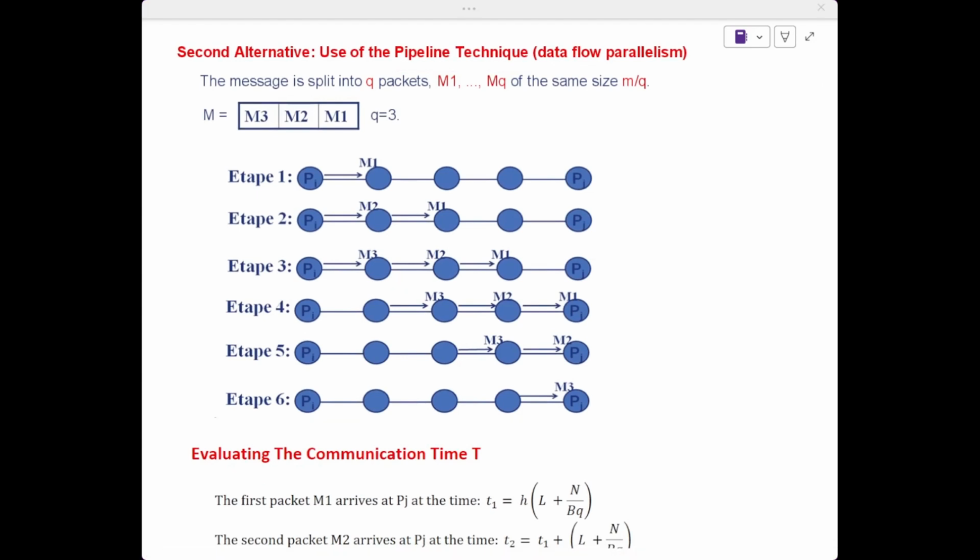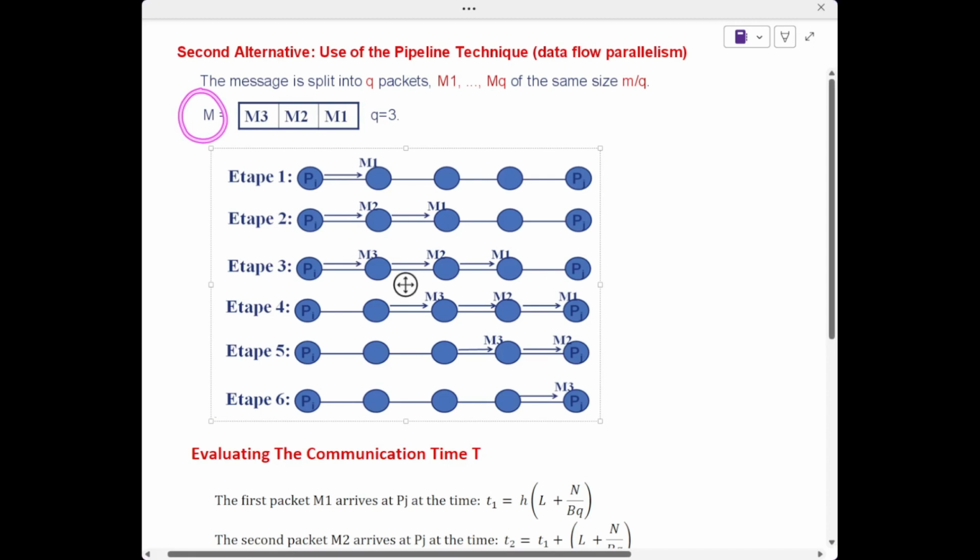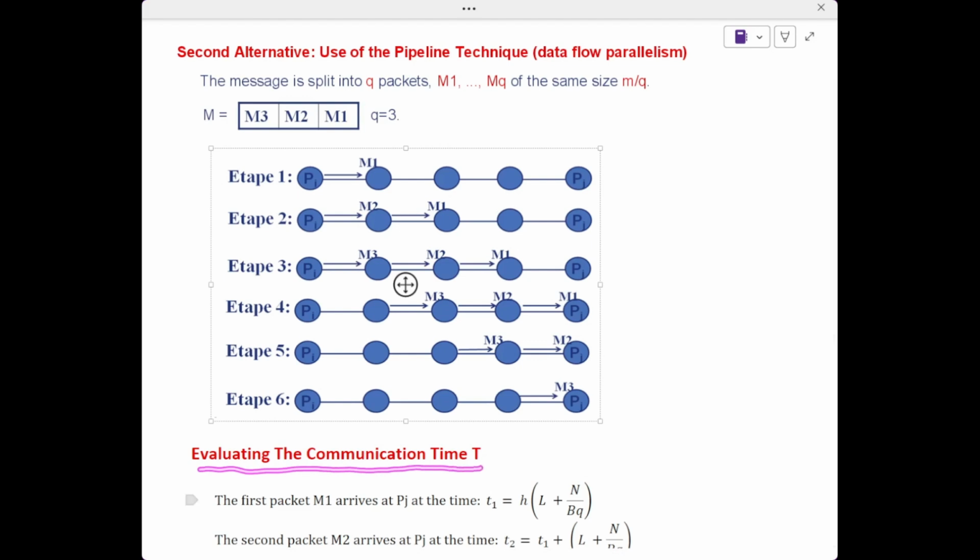Don't forget, our objective is to calculate the time needed to send the message M. So let's break it down. The time needed to send the first part of the message M1, as we calculated in the previous slide, is the same equation like this.